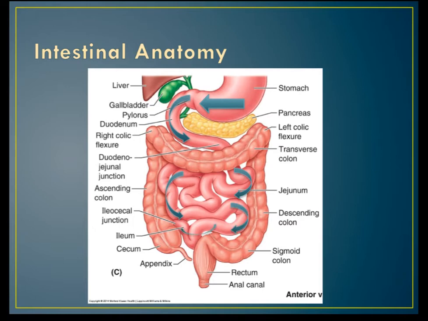After the jejunum comes the ileum, and the ileum leads into the colon through the ileocecal junction. Then we have the ascending colon, the transverse colon, the descending colon is one of the last portions. The sigmoid colon is the last portion of the colon until it goes into the rectum until the contents are expelled through the anal canal.